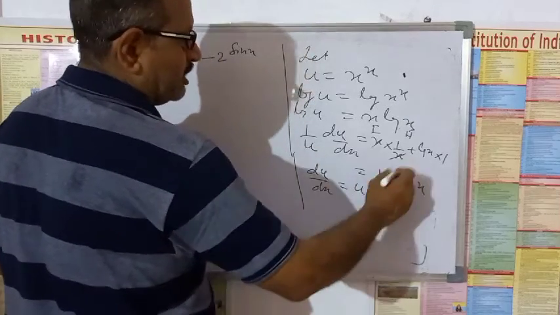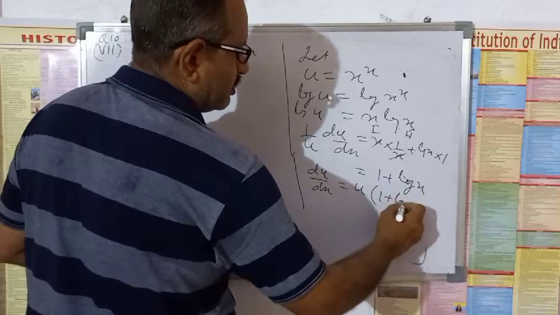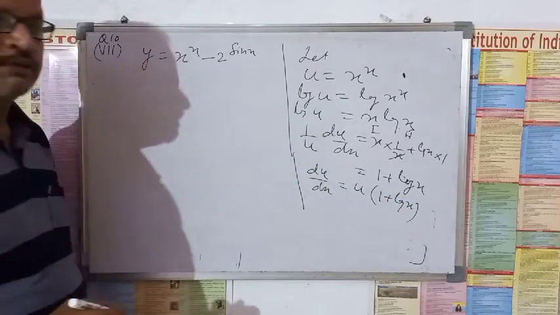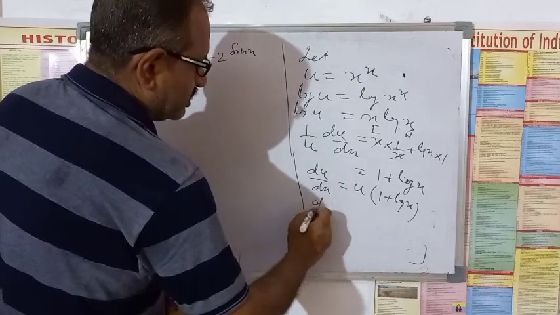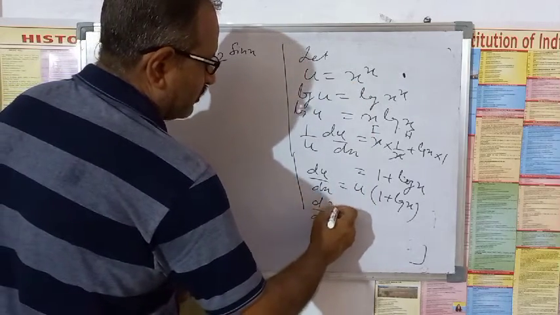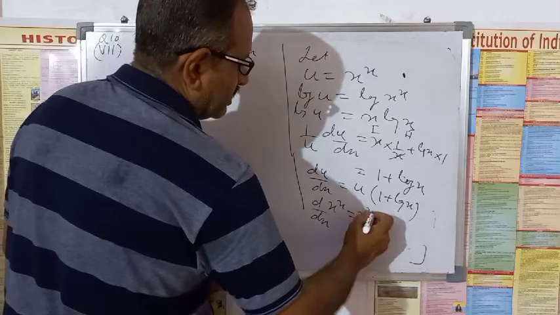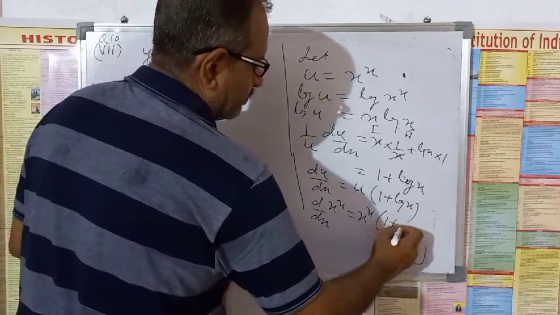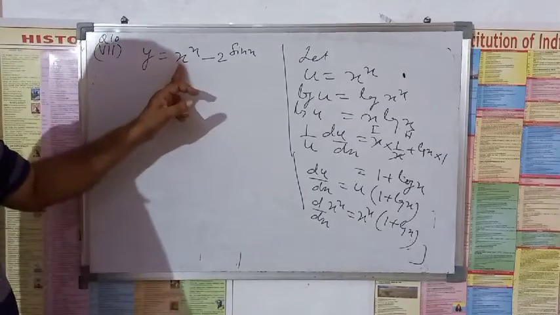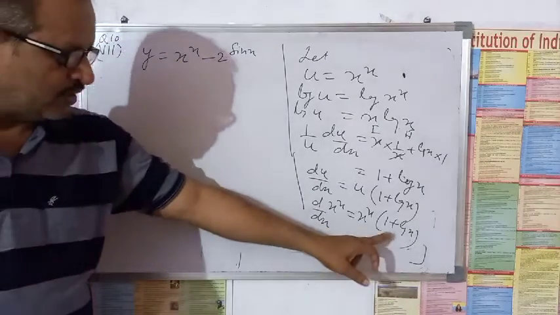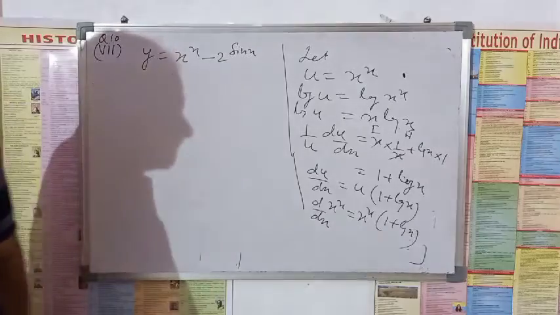Cross multiply by u, into 1 plus log x. Put the value of u, what is it? X to the power x. So derivative of x to the power x is x to the power x in bracket 1 plus log x.